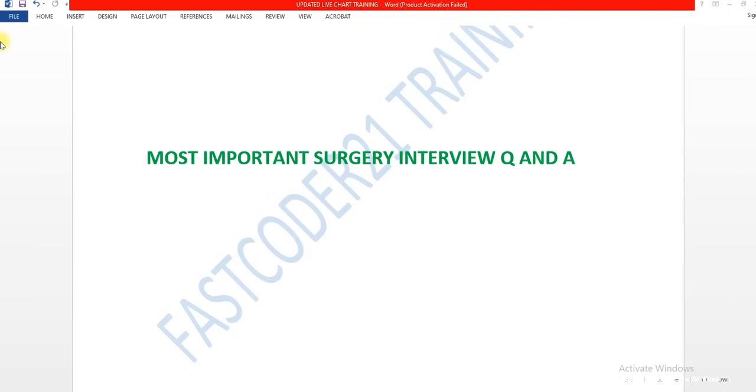Largest diameter. Yeah, perfect. You need to code based on the largest diameter. So what is hysterectomy and what are the types of hysterectomy? Removal of the uterus.